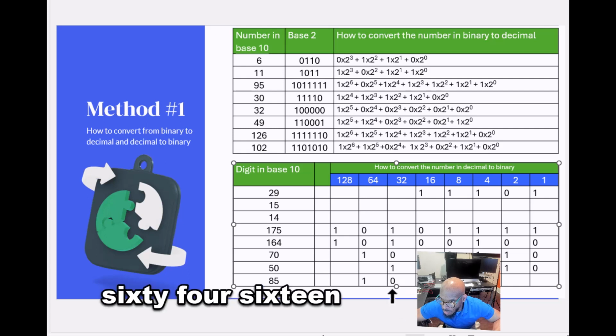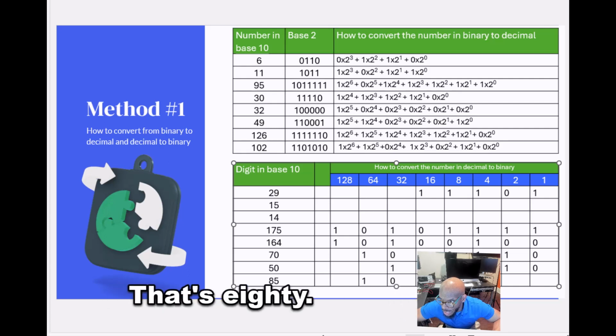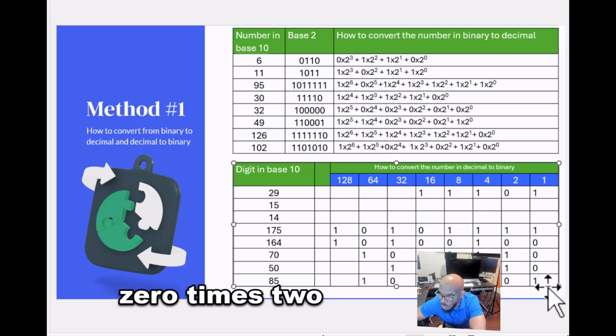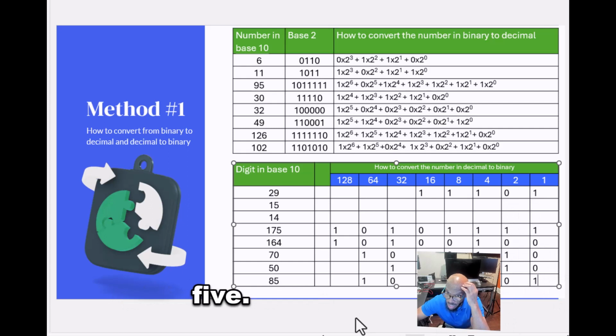So we have 64, 16, that's 80, 84. So we don't need that 2, so we need a 1. So when you take this, 1 times 64 plus 0 times 32 plus 1 times 16 plus 0 times 8 plus 1 times 4 plus 0 times 2 plus 1 times 1, that should give you 85.